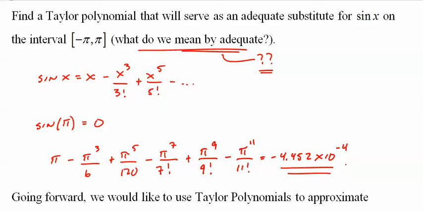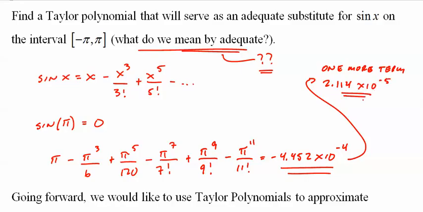If I had gone one more term, I would have gotten 2.114 times 10 to the negative 5th. Notice it's positive now. It drops below, above, as it searches for the answer, in this case 0. First term's positive, so then it gets closer and closer.